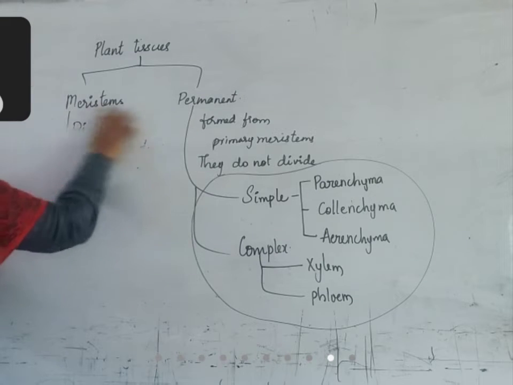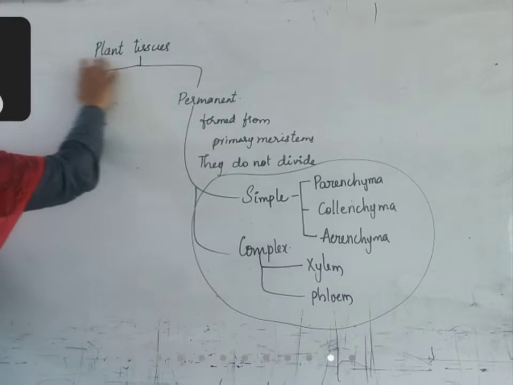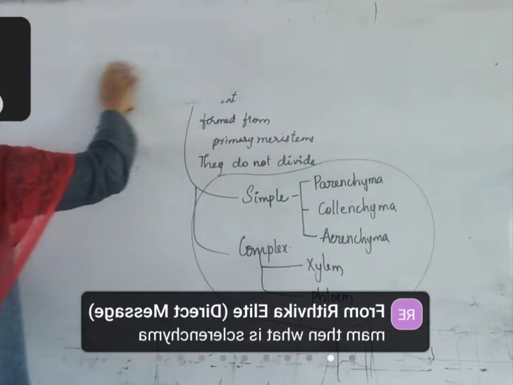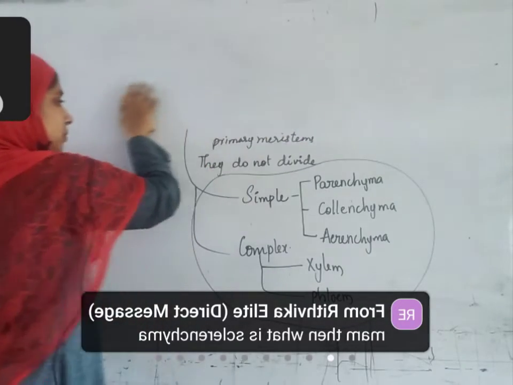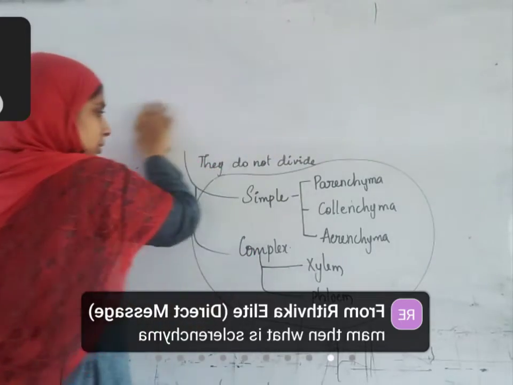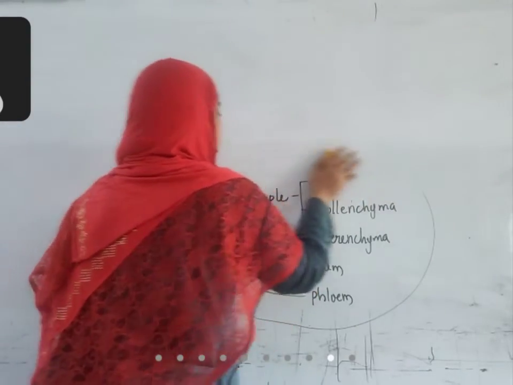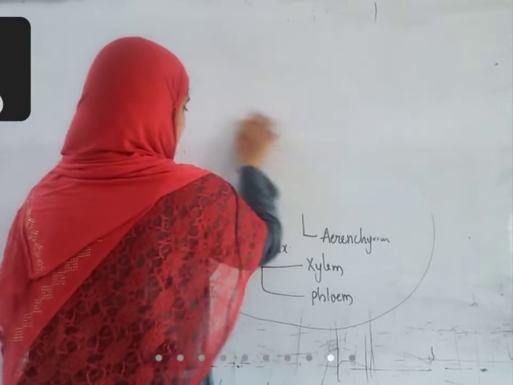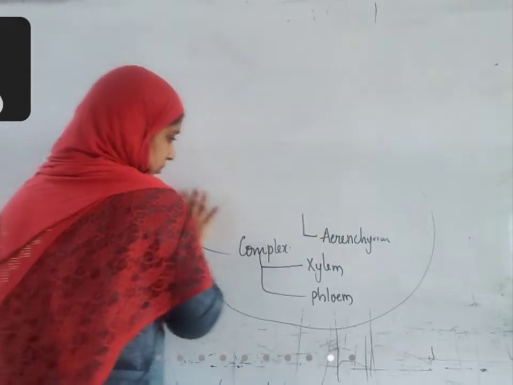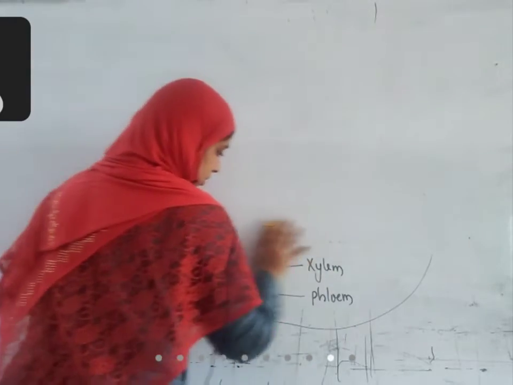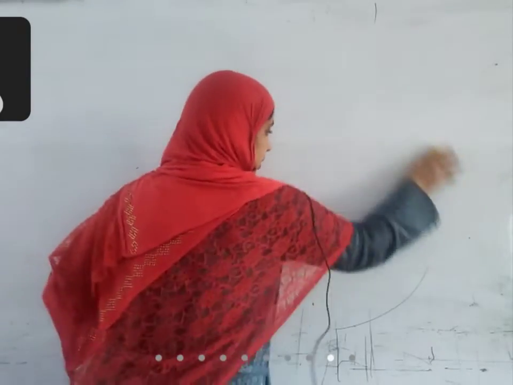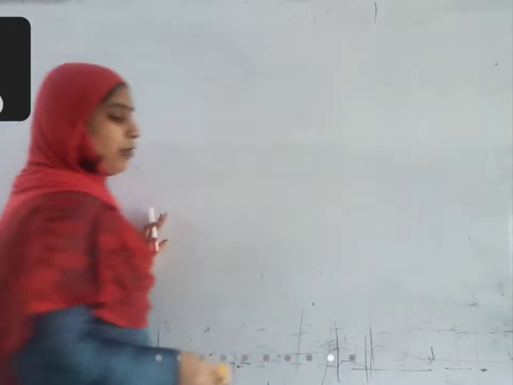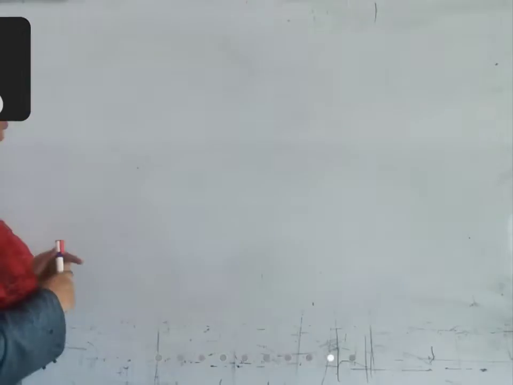Simple permanent tissue. What is the difference between simple permanent tissue and complex permanent tissue? Simple permanent tissue has only one type of cells.